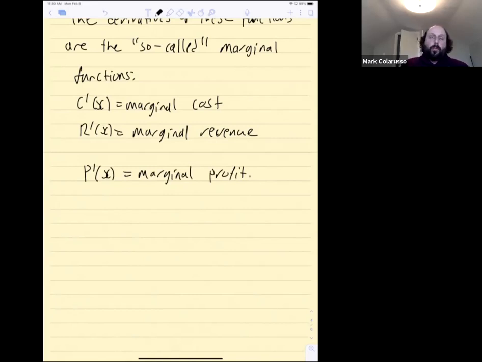Now, what these represent, for example with marginal cost, is the rate of change of the cost when you're producing exactly X items. But that's not really how you use it. You can use these functions to estimate the cost of producing one more item.